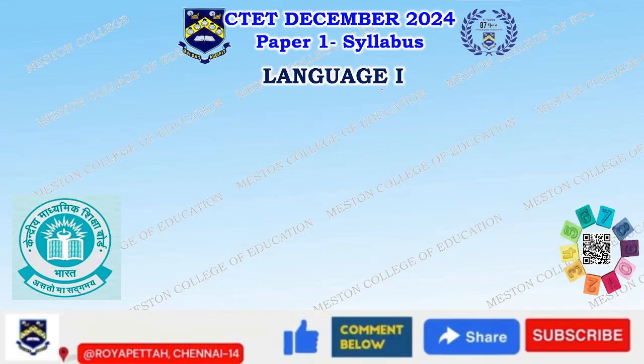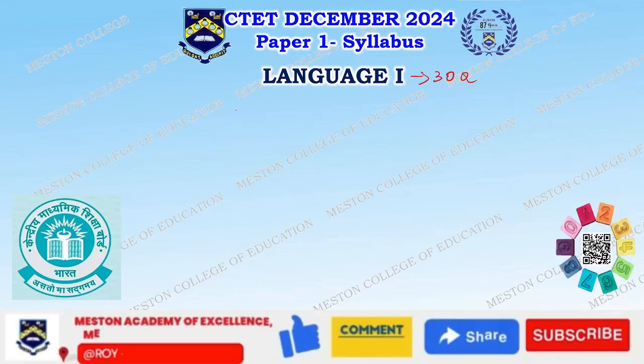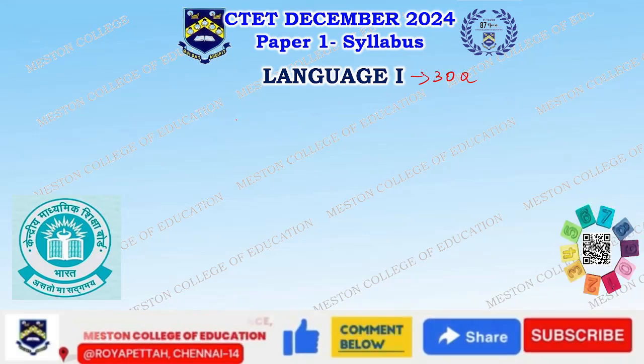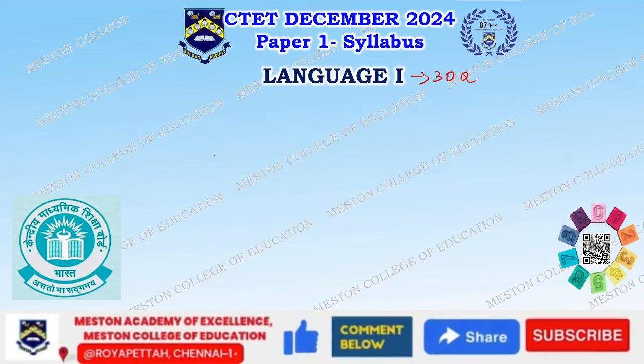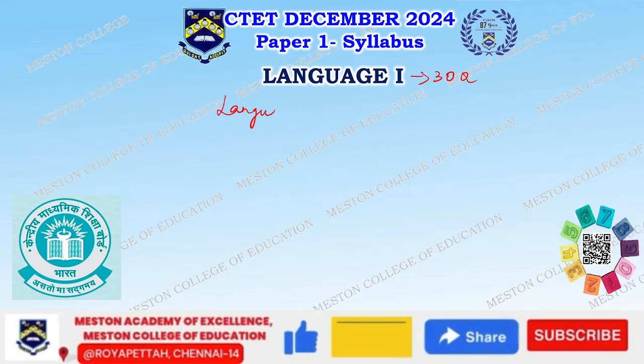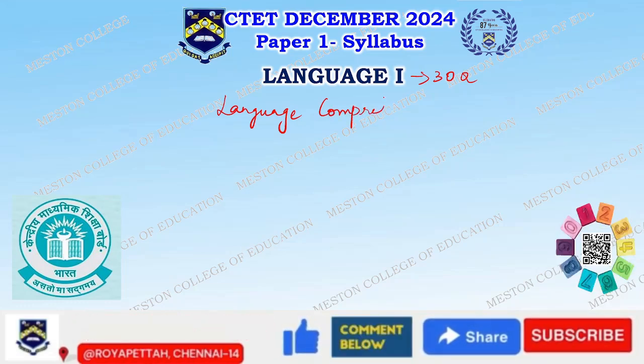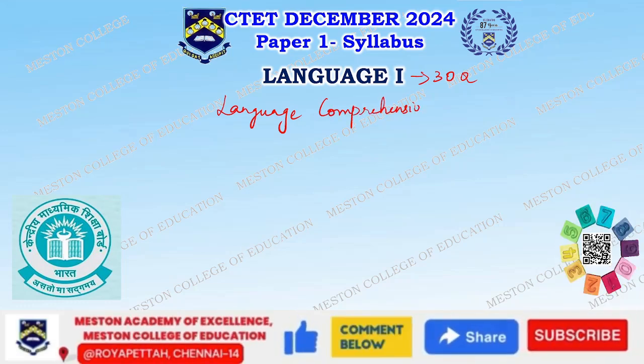So for language 1, again, you have 30 questions, and you will have two things again. So like we had contents and then pedagogy, here you have the language comprehension, which will be easy for you to answer.